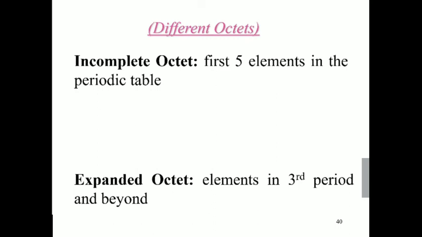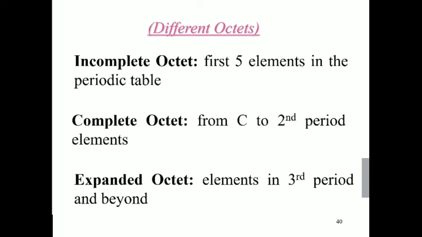We also have expanded, meaning the atom has more than 8 valence electrons. Most of these elements are located in the 3rd period of the periodic table and beyond, like phosphorus, chlorine, bromine, and others. And then we have complete octet, mostly in the 2nd period.